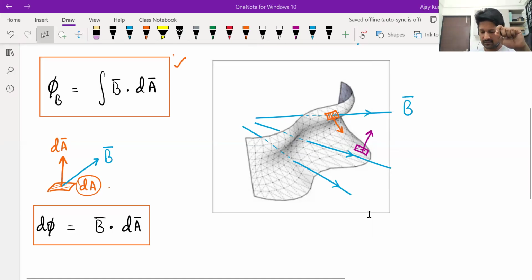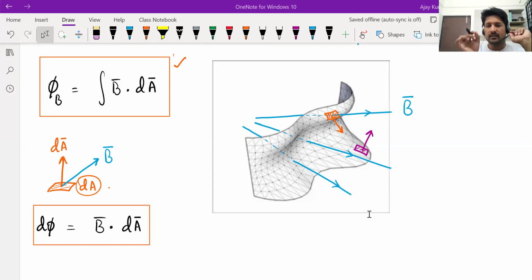See, even if magnetic field is uniform, if the surface is like this, I should not say you will not be able, but in some cases you won't be able to get one area vector for the entire surface. For example, in this case itself, let's say this was a sheet whose total area is some 20 centimeter square or 20 meter square, whatever it is.